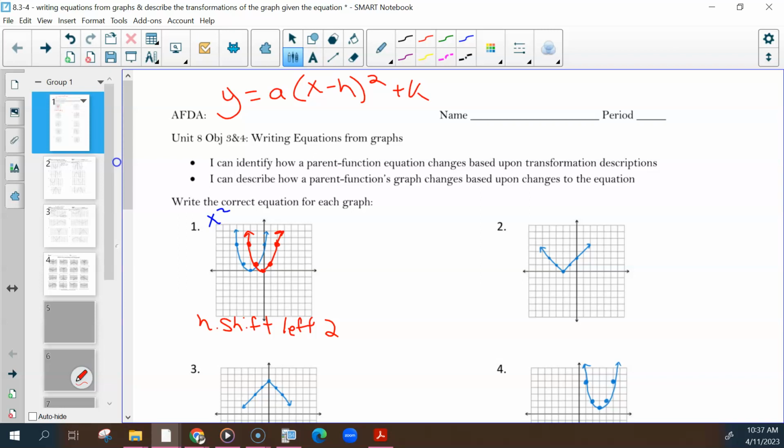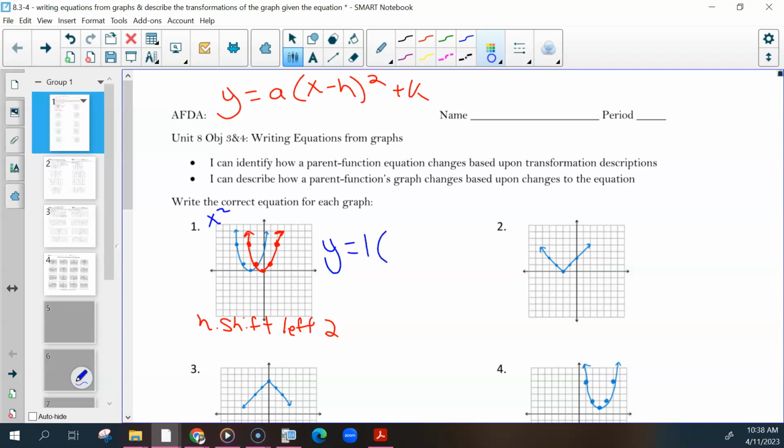Your h shows horizontal shifts, and your k shows vertical shifts. We only have one transformation for this one, so it's going to go where h is. Since we don't have an a, you can either write it as 1 or leave it blank, either or.